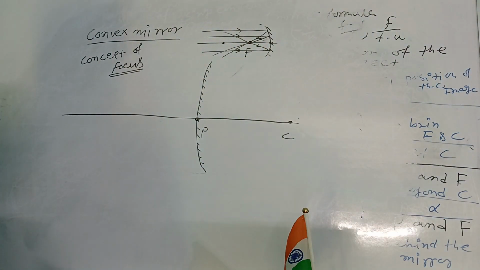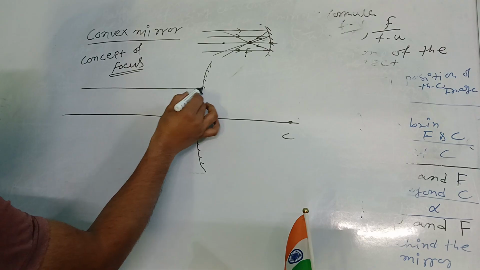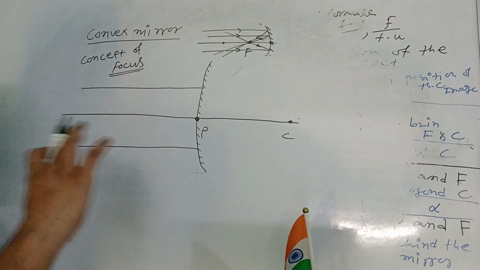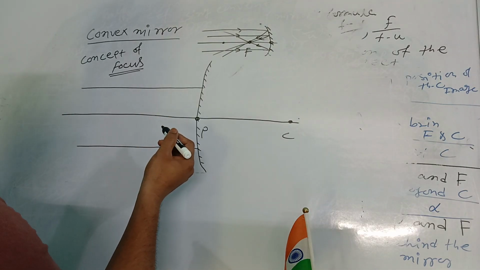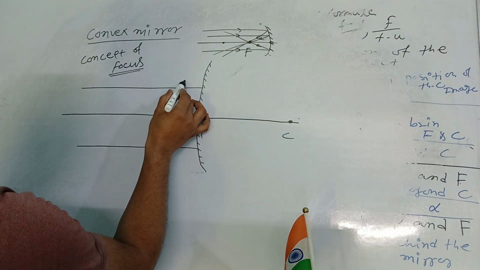So similarly, if we take a set of parallel rays, parallel to the principal axis, after the reflection, angle of incidence, angle of reflection, at this point, and this is the normal.